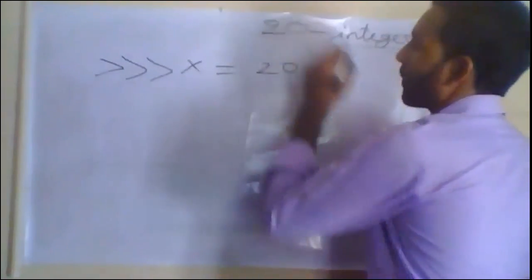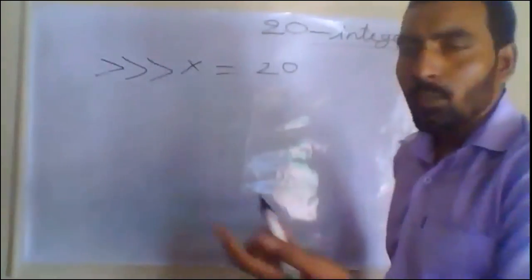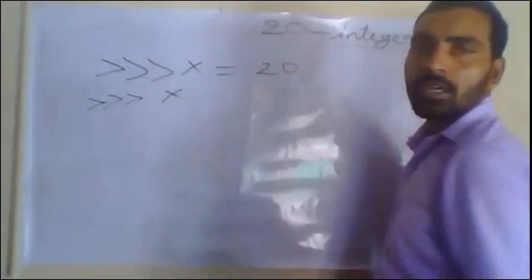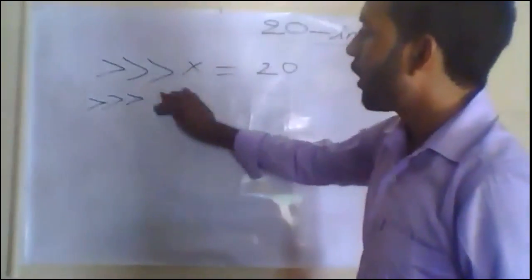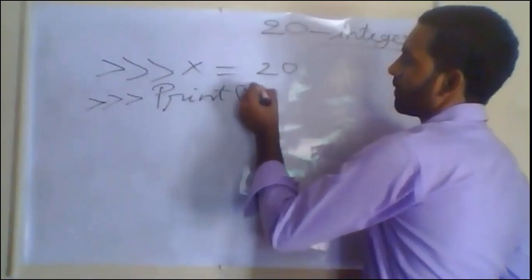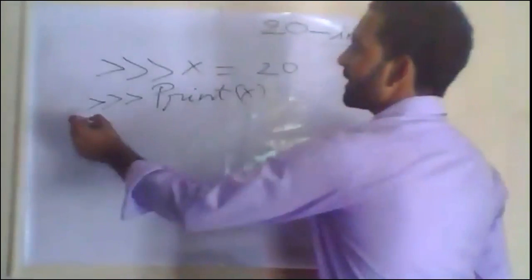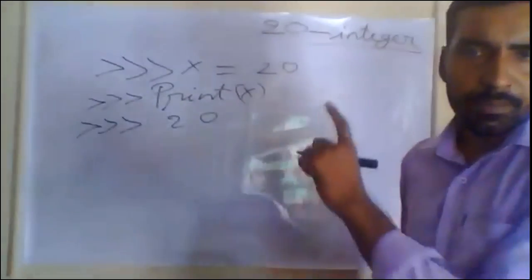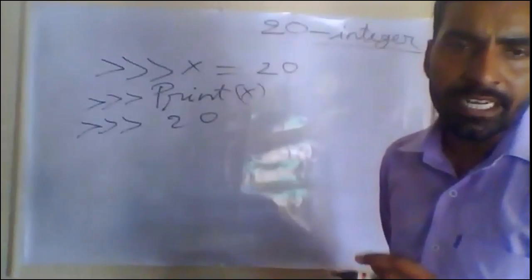Okay. Now if you print x, if you write x in Python or print x, Python will print 20. Very simply 20 is printed.